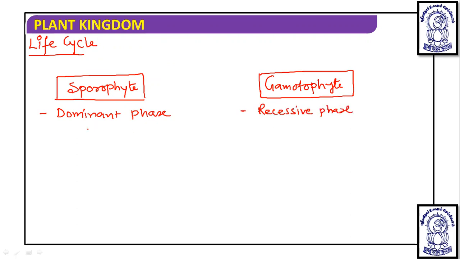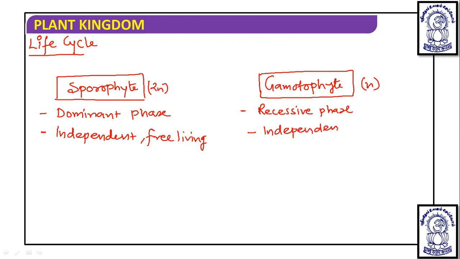This is diploid, this is haploid. In bryophytes, we have studied that gametophyte is dominant and sporophyte is dependent on the gametophyte. But in the life cycle of pteridophyte, sporophyte is the dominant phase, and this sporophyte is dominant, independent and free living. Whereas in this case, the gametophyte is also independent and free living.